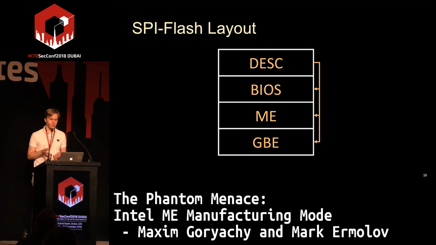SPI memory is divided into several regions, and Intel ME is located in a separate SPI region that has independent access rights for the CPU, descriptor region, and GbE. So, as long as access attributes were correctly configured, it was impossible to read or write ME from the CPU side.